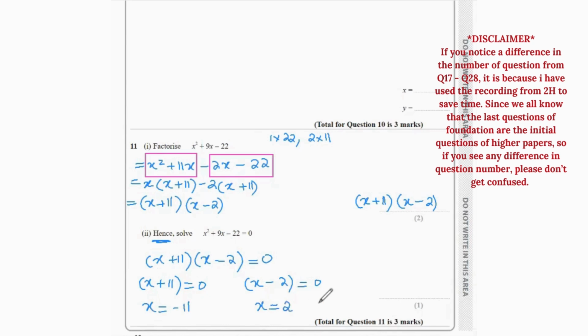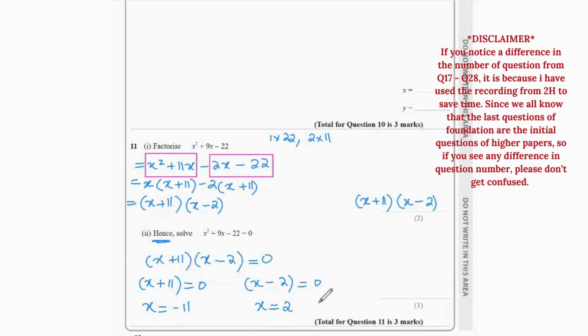If you don't know why we're splitting them and putting them equal to 0, it's because when you multiply two things and the result is 0, either of these brackets could equal 0. We don't know whether it's x minus 2 that's equal to 0 or whether it's x plus 11. So to avoid that confusion, we put both the brackets equal to 0. That gives us the values of x, which are negative 11 and 2.